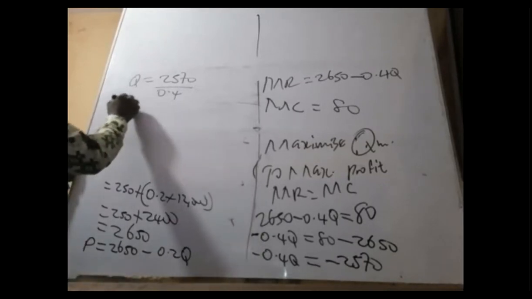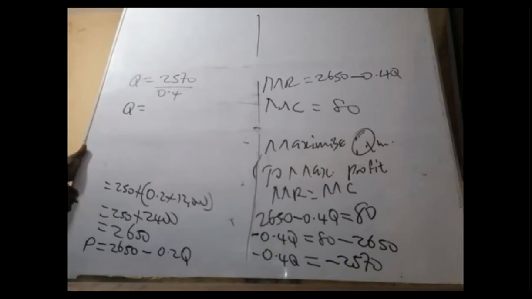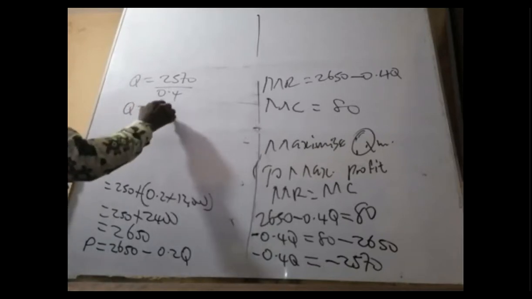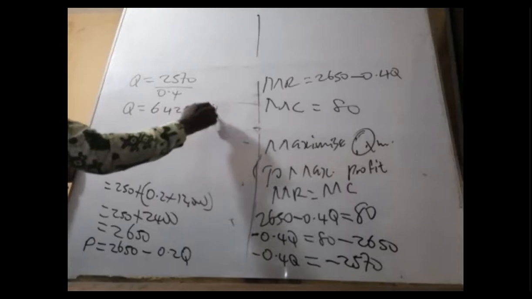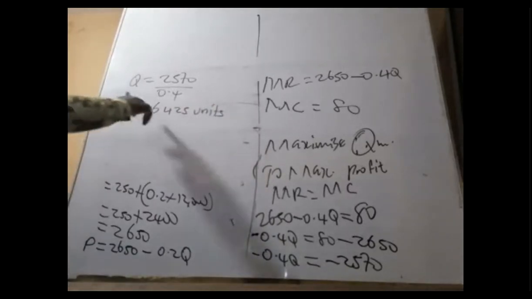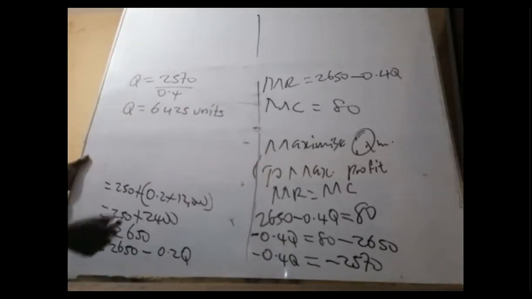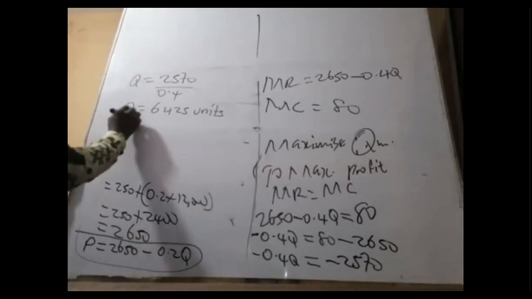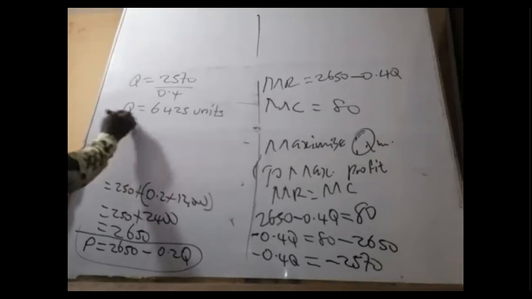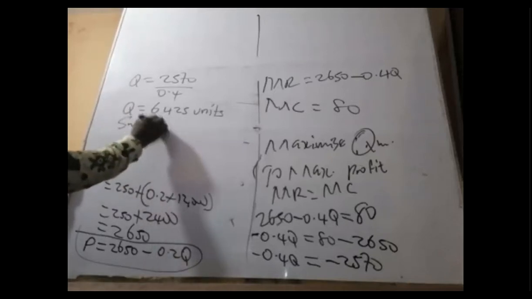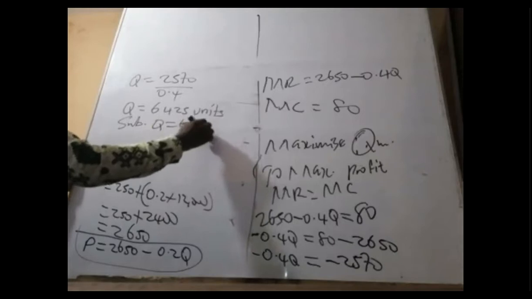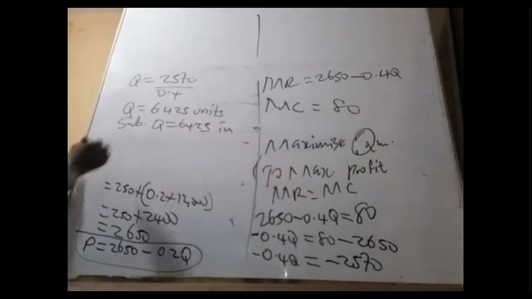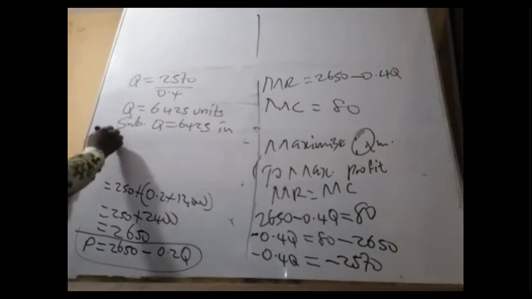So Q will be equal to 6,425 units, right? Then you substitute Q equals this in the price function. This is the price function. So substitute Q equals 6425 in the price equation.